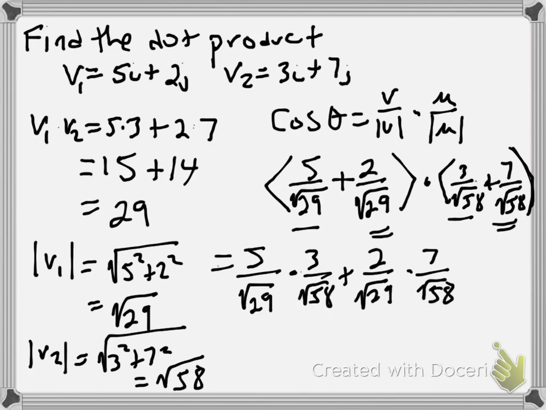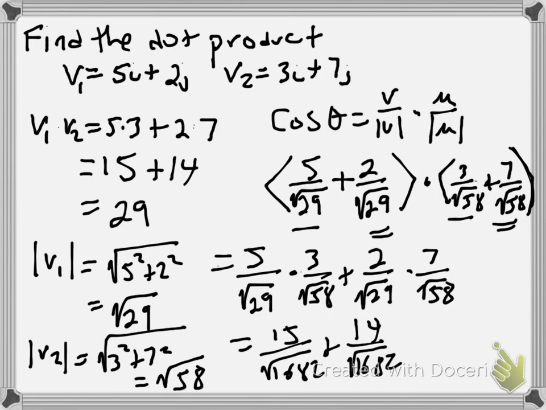Now if we multiply across, we get 15 over the square root of 1682 plus 14 over the square root of 1682, which comes out to 29 over the square root of 1682.